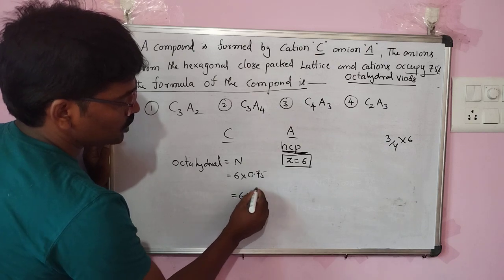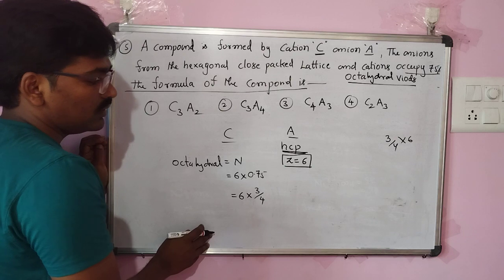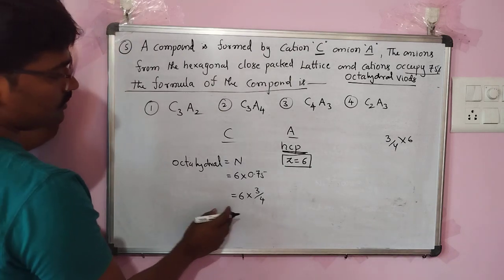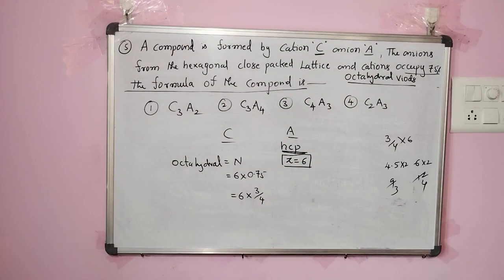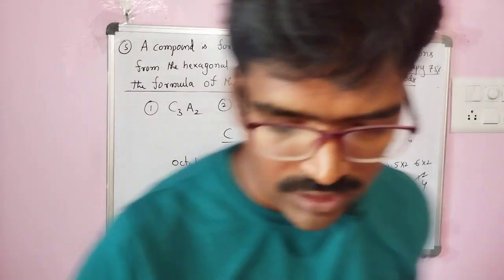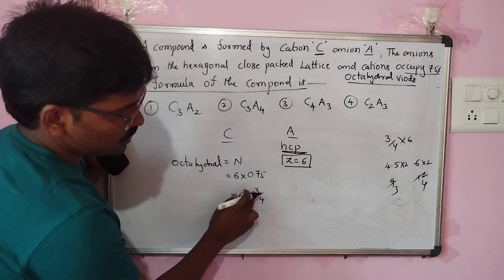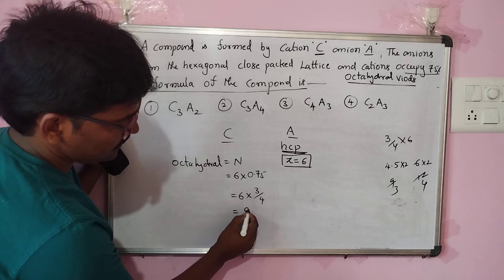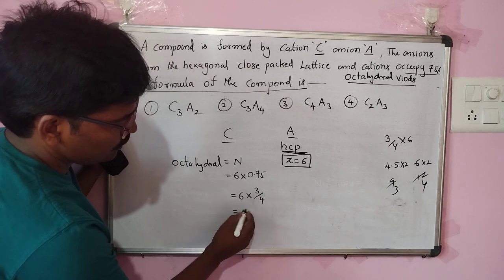So 6 into 3 by 4, which is 0.75 times 6, gives the answer 4.5.